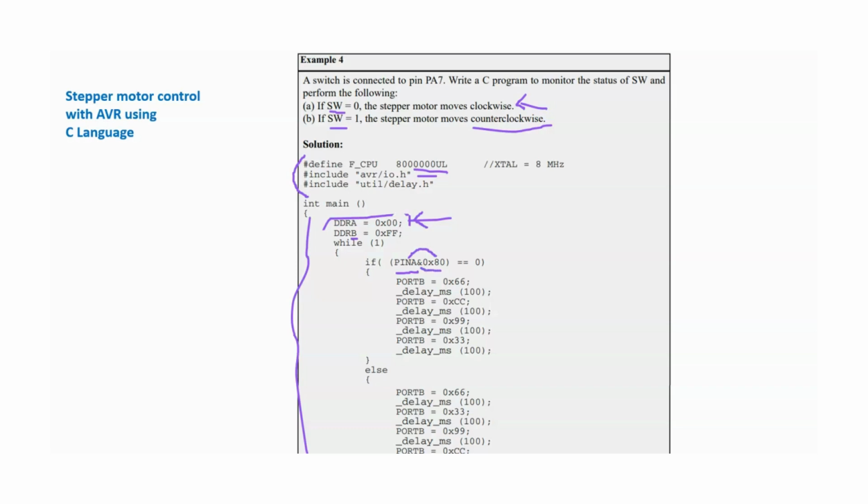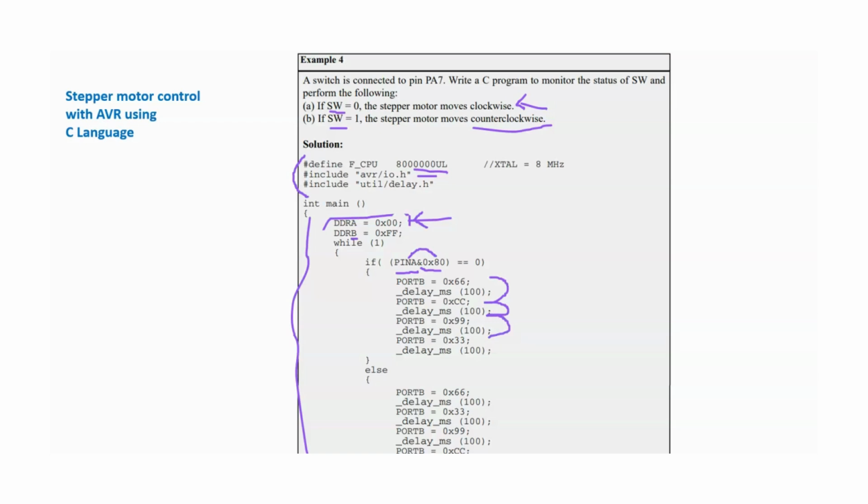If the AND function provides answer 0, then 0 is equal to 0, the condition will be true and we will execute this sequence. These are the four-step sequences: 66, CC, 99, and 33.